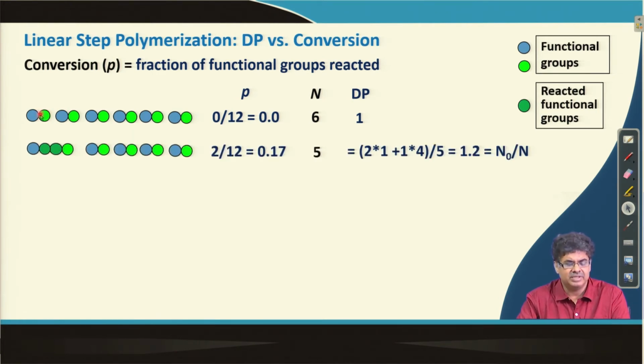If these two interact or couple with each other, then we now have 5 molecules, and 2 of the functional groups are now reacted. So, P is 2 by 12.